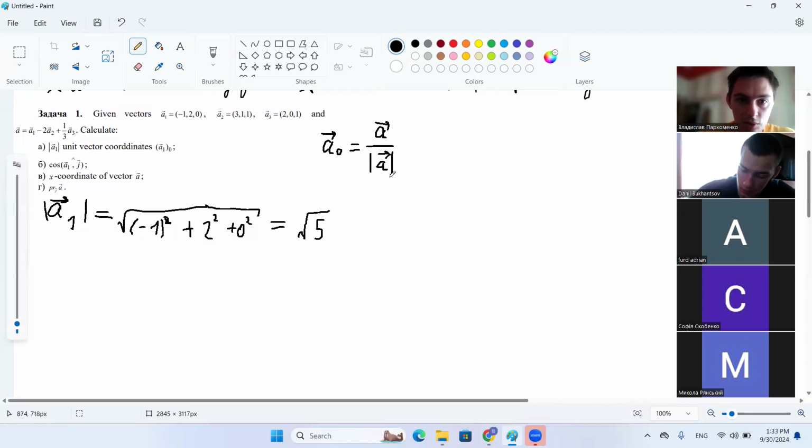And the magnitude is just a number. Okay. So let's calculate the unit vector for A1. Not convenient recording, but okay. Let's go with that.